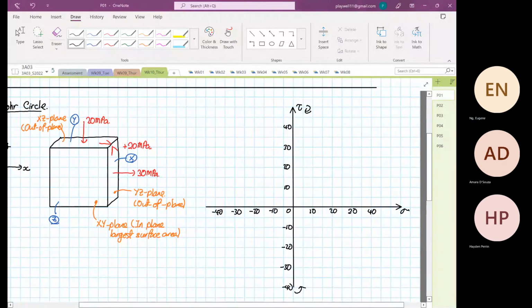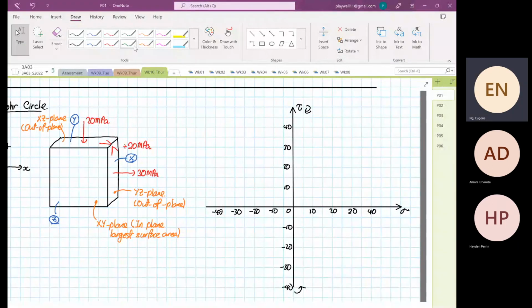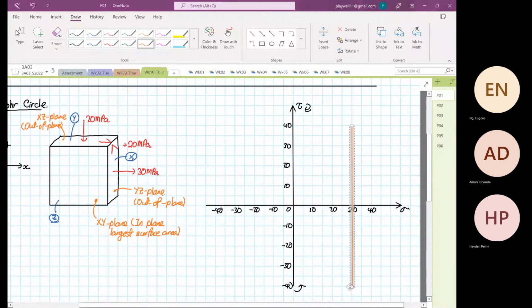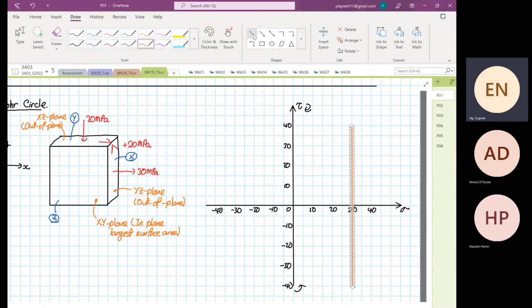So we know that one of our stresses is tensile 30, and then we have compression minus 20.